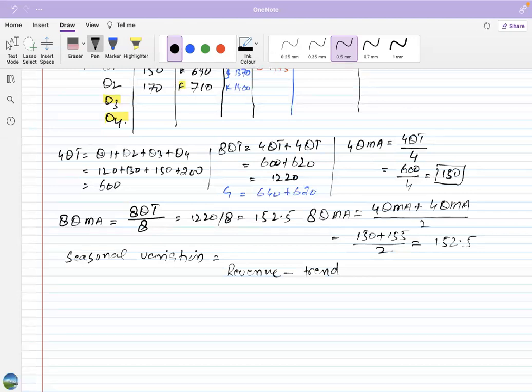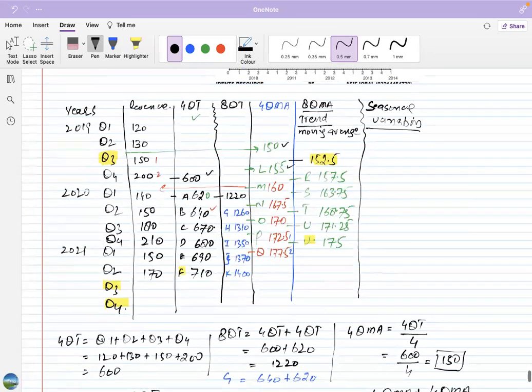So look at the table. This is the column for the revenue. This is the column for the trend, I mean the 8-quarter moving average. And I told you that the first value we'll calculate will be written in front of the third quarter. We just need to subtract them both.